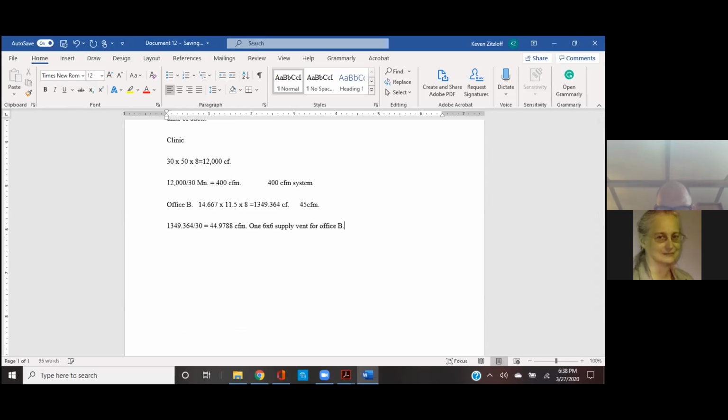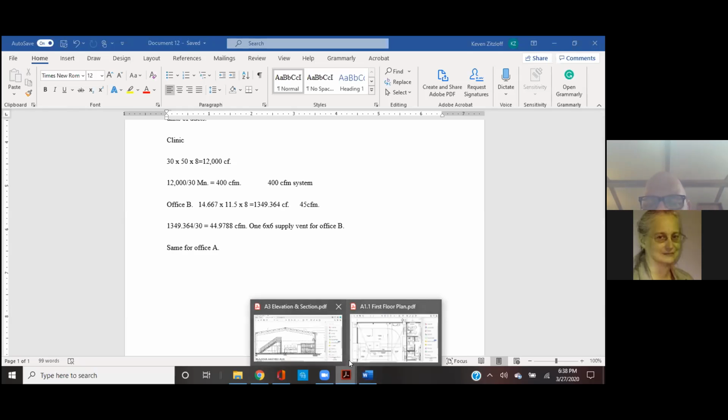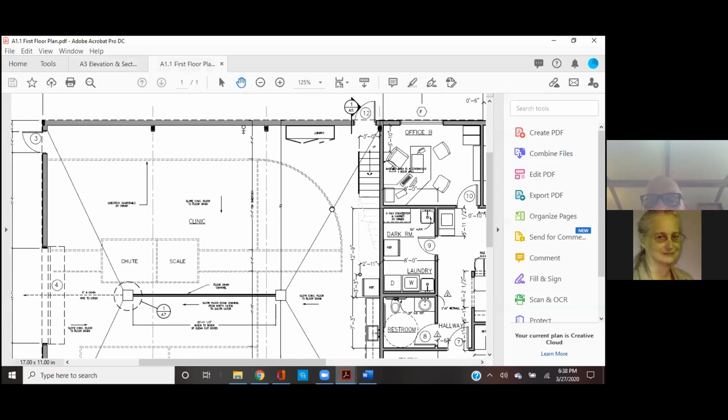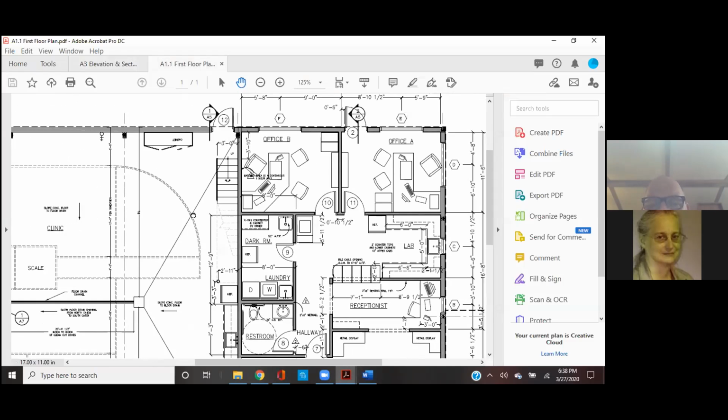Office B. Now office A is almost the same size, so you can use the same size. Okay, same for office A. And that is just going to show you how many supply vents you need in each room. So do each room and then subtract the rest for the hallways.